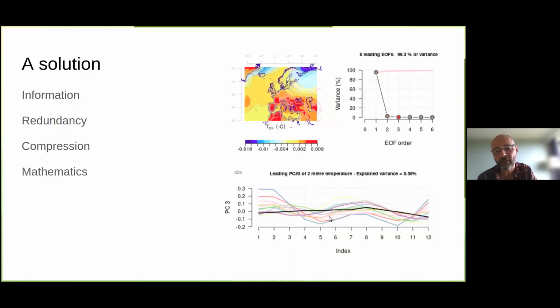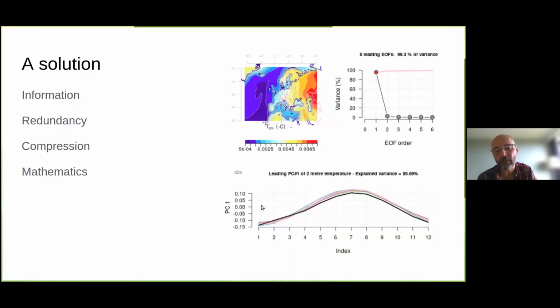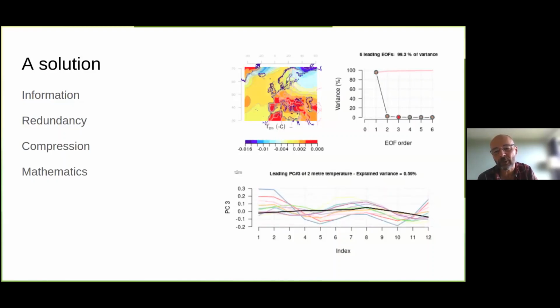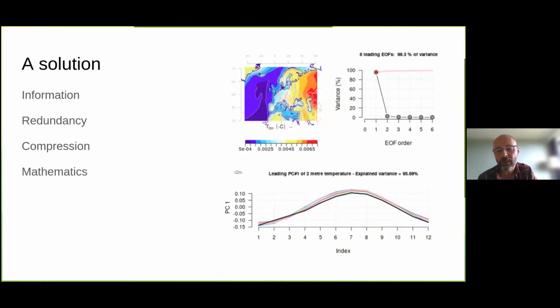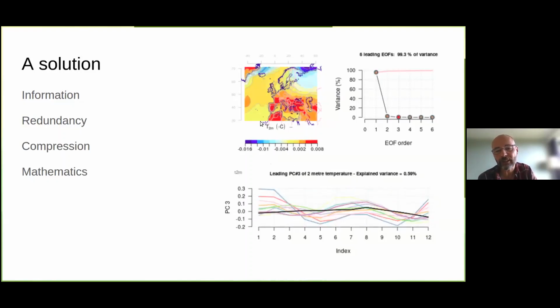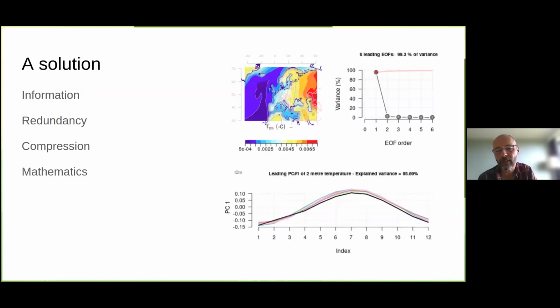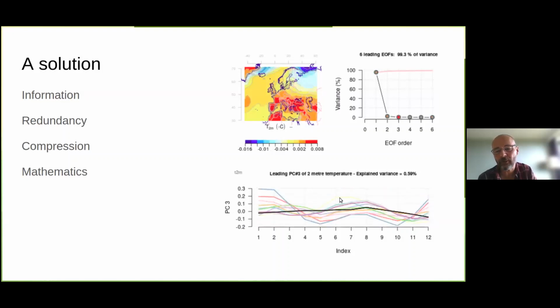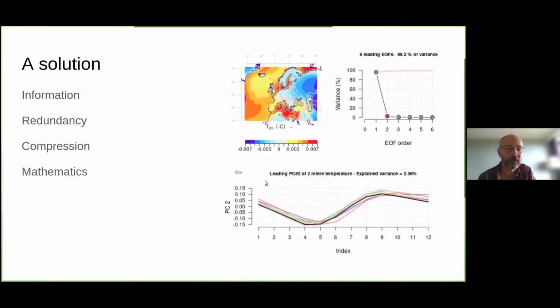So here's only 12 months, and each of these curves represents a different model. I just took 10 models for clarity. I could have had 100 as well, but you see that the leading pattern here has a very similar behavior for all of these models. And then when it gets further out, you get more noise and more differences.